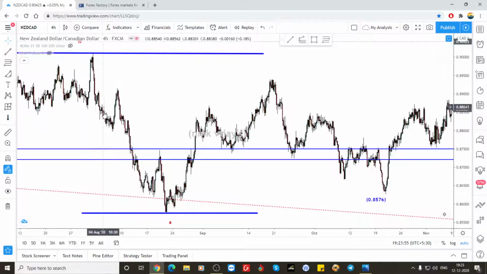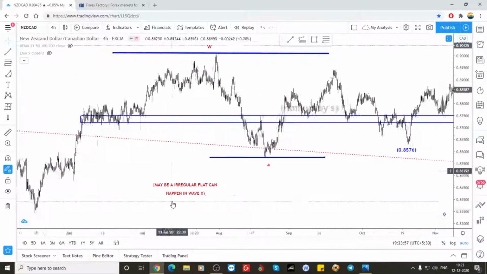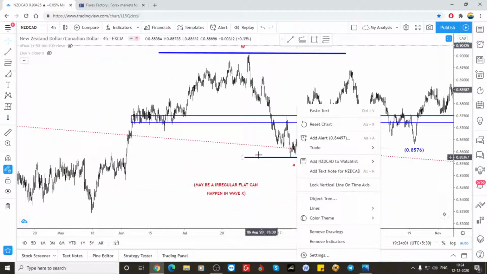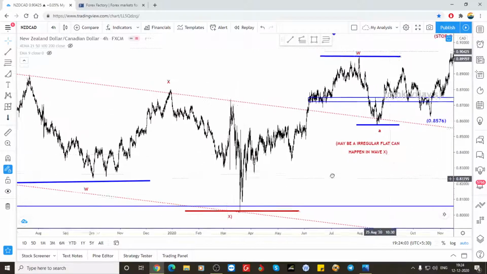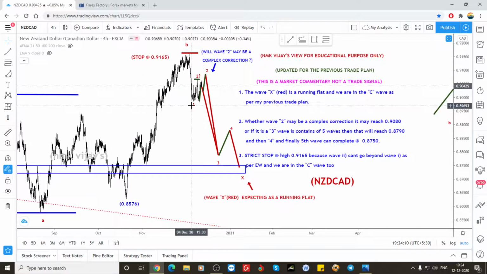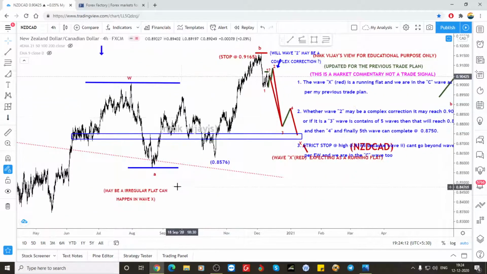So in that case this could be a B and C. So there is a lot of things happening, but what we need is this kind of wave formation has to happen here. So if it is a W, this is an X, this is a B, make sure this is a stop loss because it's already an irregular flat.